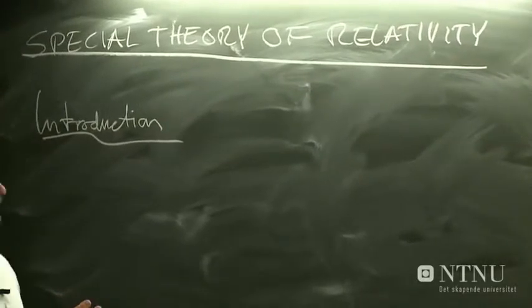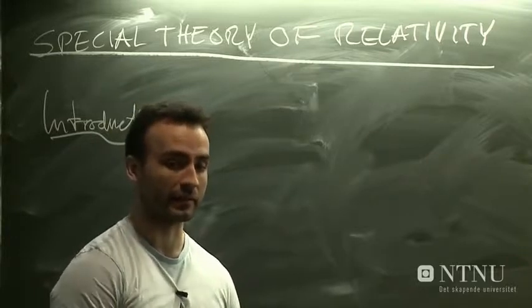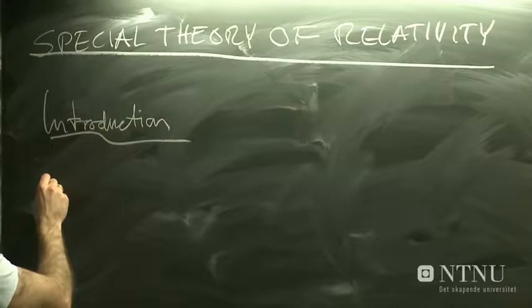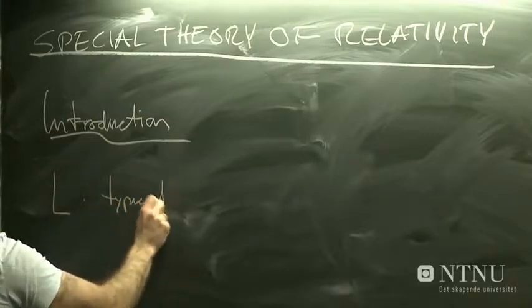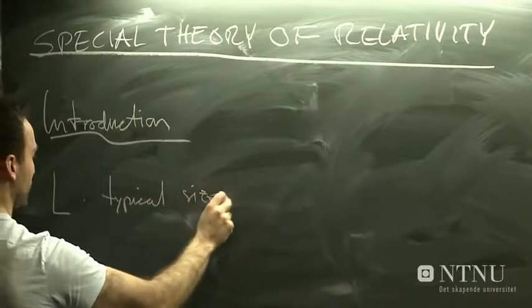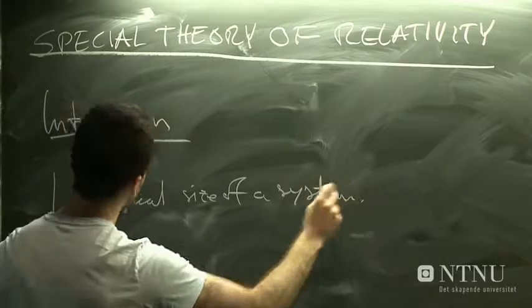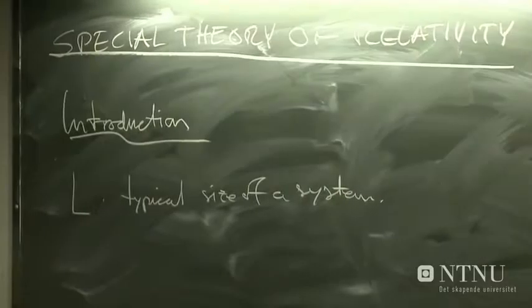Just to say something about which regime of validity the special theory of relativity holds in, we should define a couple of quantities. Let large L be the typical size of the system we're considering.